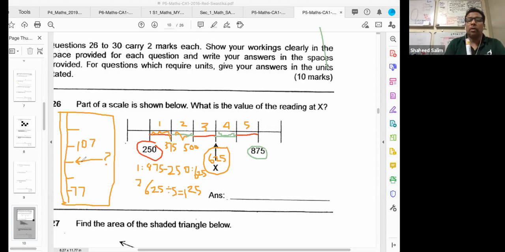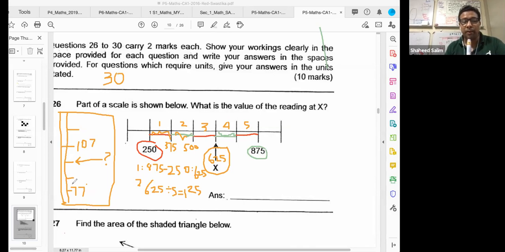Yes. Okay, let us go through step by step. Step one, Shalina: 107 minus 77. What do you get? 30. So 30 is the answer for number one. Between these two is 30, from here to here.